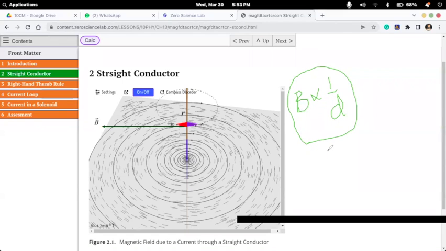We confirmed that as D increases, B decreases, right? Yes, sir. Look at these concentric circles. If this is the case, what should the spacing between these look like? It is decreasing, sir, slowly. This spacing itself is decreasing, isn't it? Yes, sir.